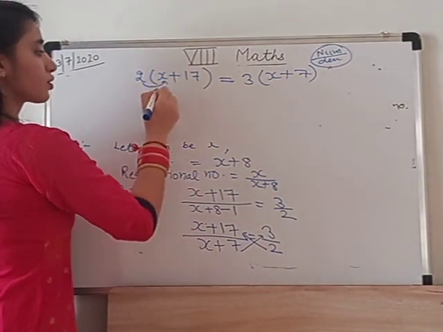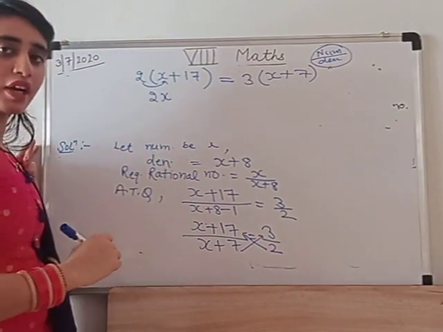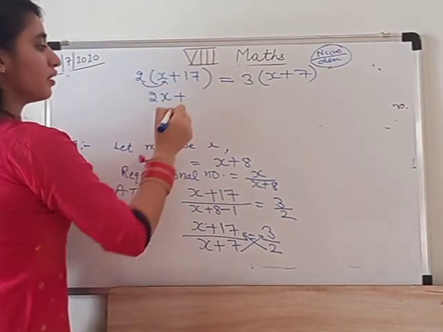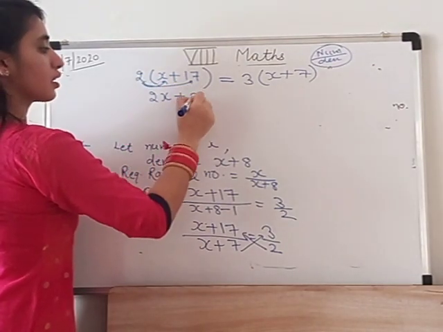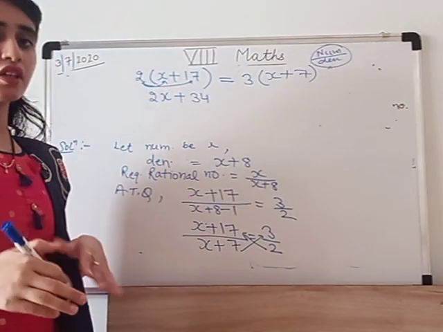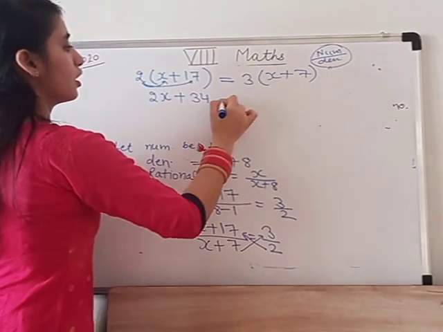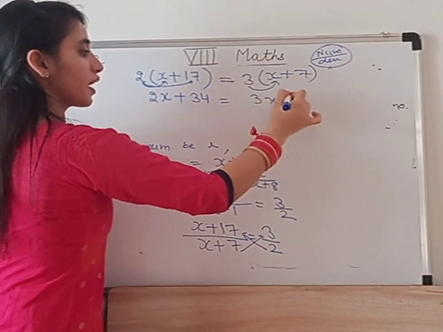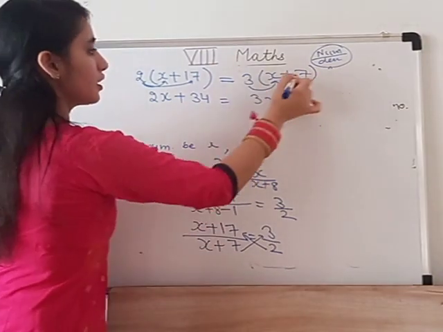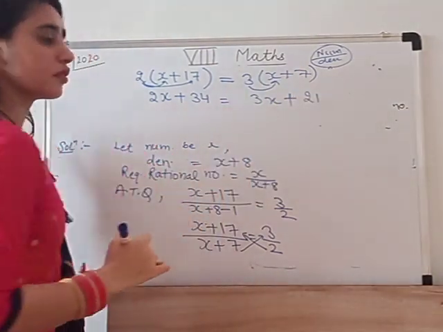Multiply this 2 with x, it becomes 2x, positive sign, plus. 2 17s are 34, or 17 2s are 34. Now 3 is multiplied with x, positive sign stays positive. 3 7s are 21.